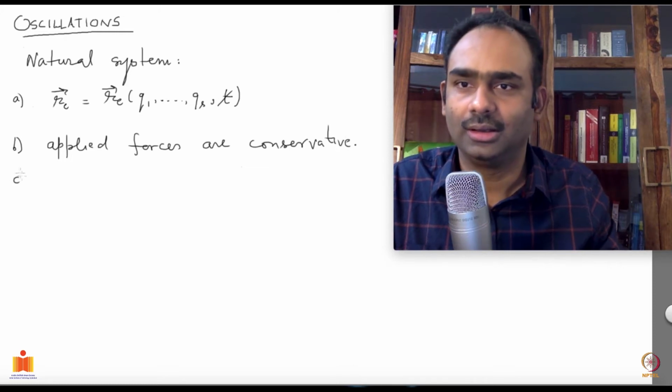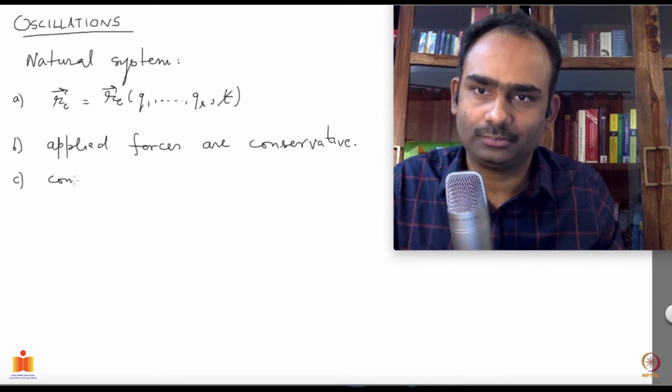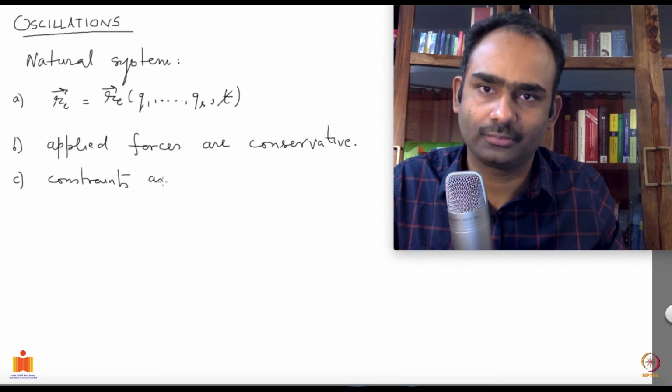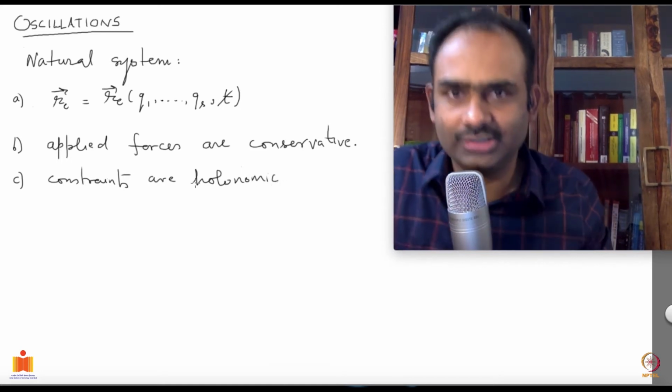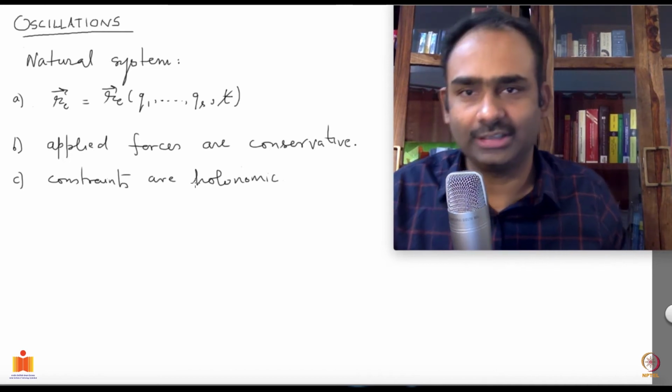Okay, and third, constraints are holonomic. Okay, if these three conditions are holding true, then we say that the system is a natural system.